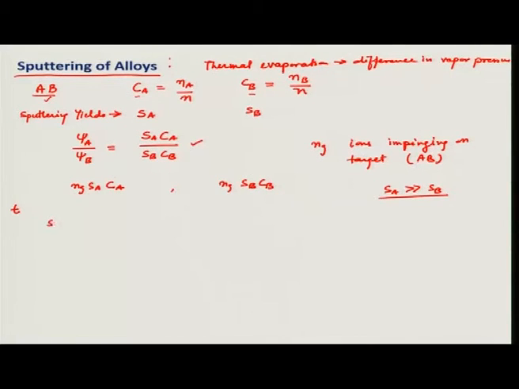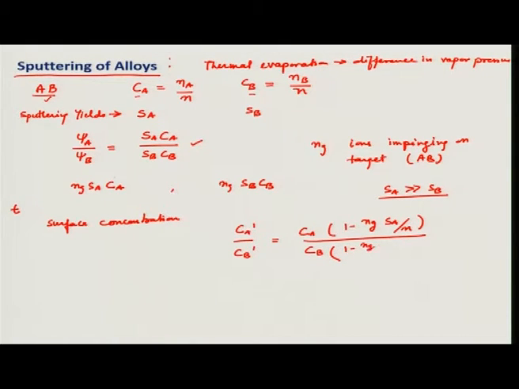This is the surface concentration. The surface concentration will be Ca dash over Cb dash, which is equal to Ca times (1 minus Ng Sa over N), divided by Cb times (1 minus Ng Sb over N).